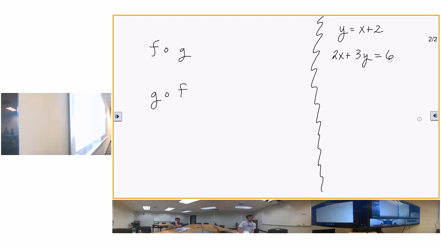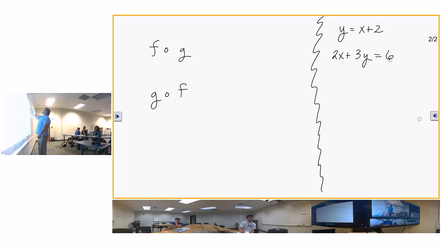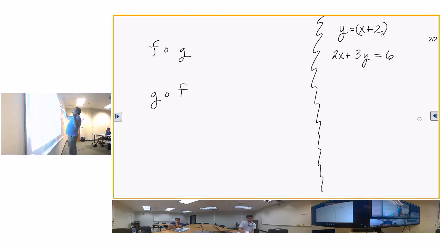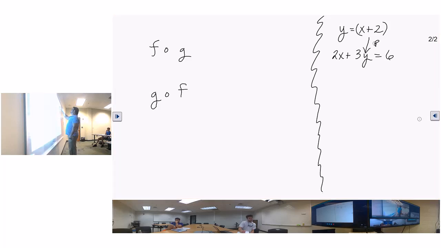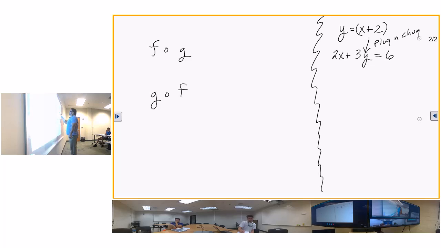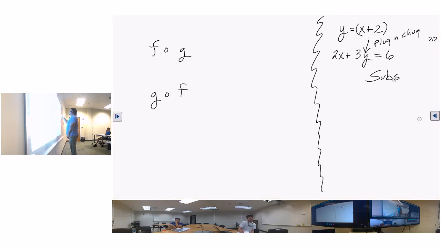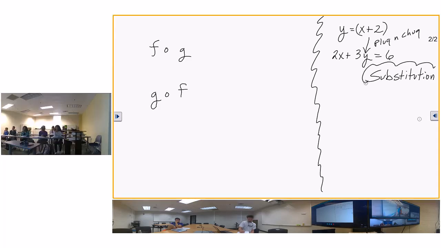This is called solving a system of equations. What did you do with that x plus 2? You plugged it into y. Plug and chug is a 25-cent word for substitution. Have you done substitution before? Yes. f composed of g, g composed of f, f composed of f, g composed of g, they're all substitution. So let's look at it.